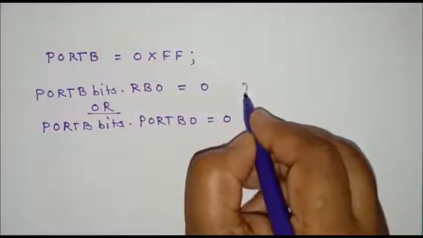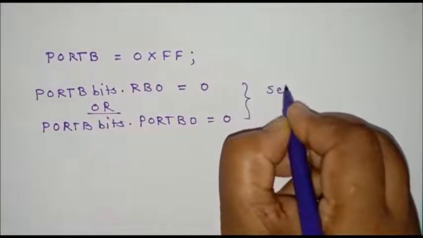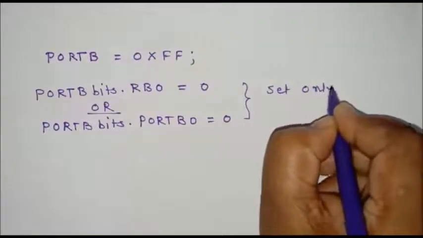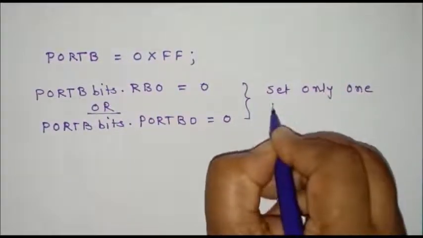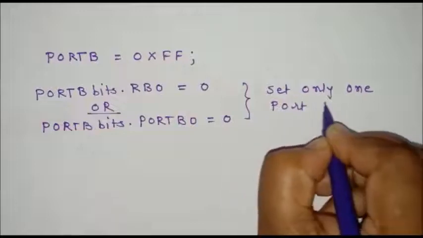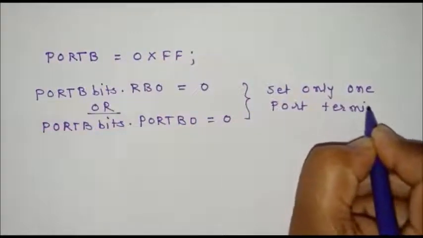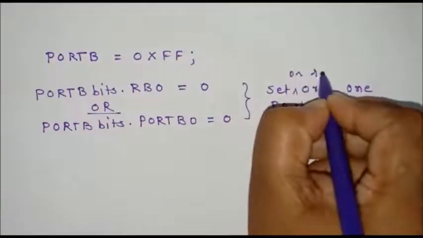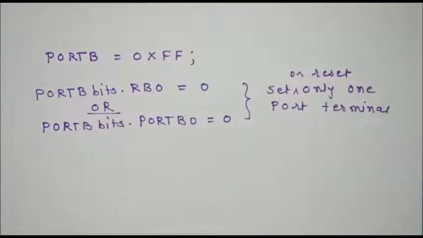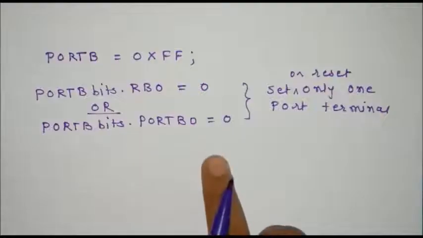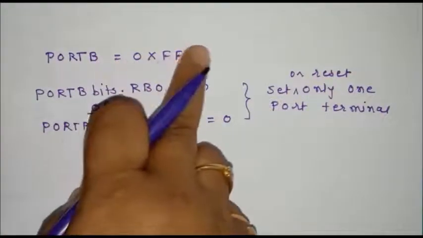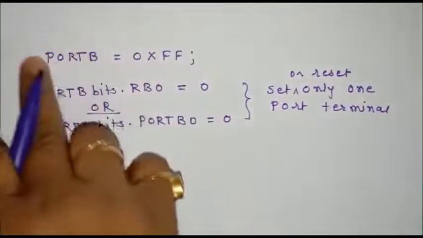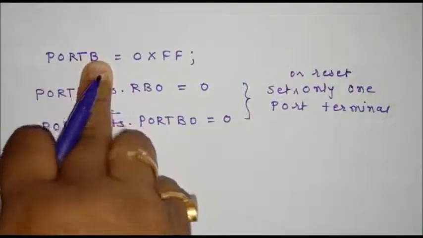These instructions are used to set only one bit, only one port terminal. Set or reset means write 1 or 0 at one particular port terminal, and to write data at all port terminals we can use this type of instruction.